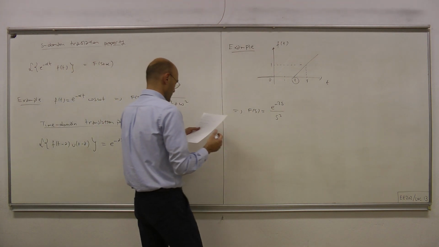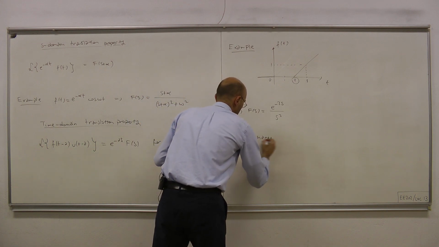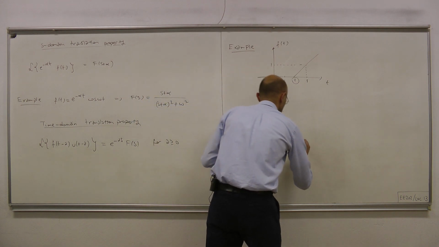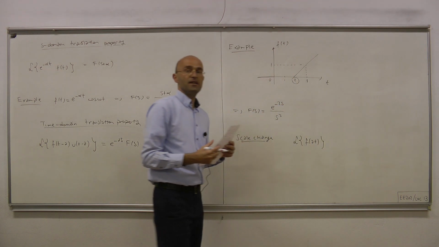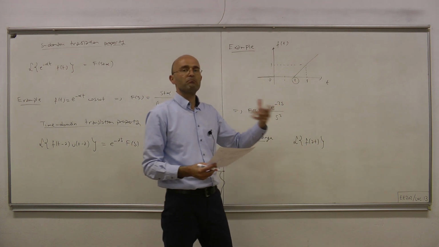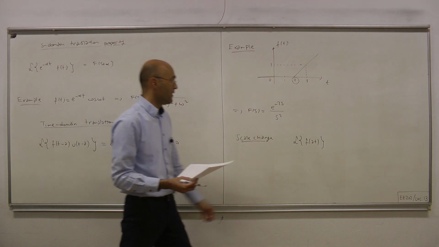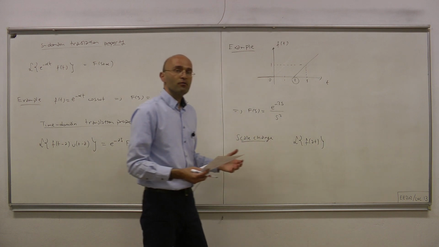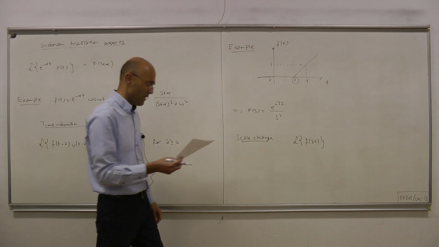And we have the scale change property, which says the Laplace transform of f of at. That means, for instance, you have some sinusoidal function, which is f of t, and then you consider f of a t, where you increase or decrease the frequency by playing with a.